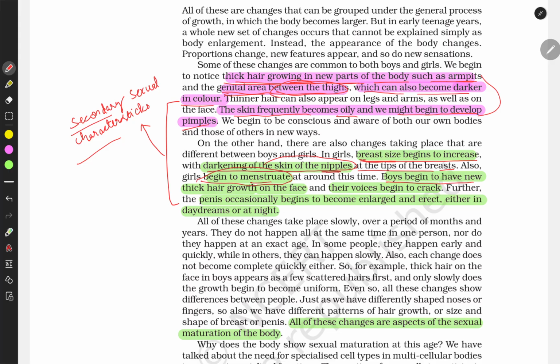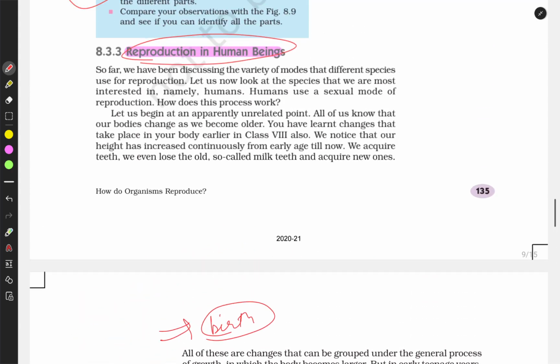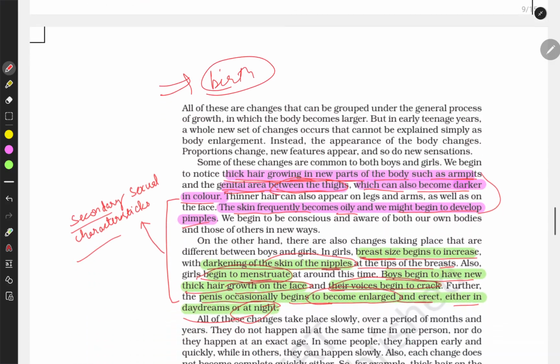Boys begin to have thick hair growth on the face, their voice begins to crack, and the penis occasionally begins to become enlarged or erect, either in daydreams or at night. These are the changes which both males and females go through.